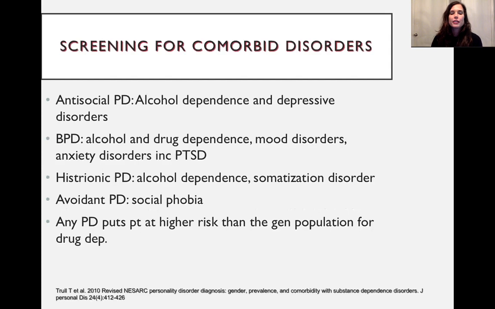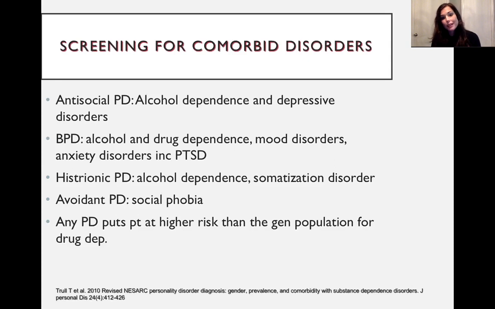And for histrionic personality disorder, you're going to look for somatization disorder because, as I mentioned earlier, someone with a histrionic personality disorder, let's say they're at a birthday party and someone's singing happy birthday to someone else, and they aren't appreciating the fact that the attention is not directed at them at all times, they may start by being seductive and trying to get attention that way, but then at a certain point in the party, they might engage in some fictitious behavior and try to act like maybe they're sick or something to get the attention that way.